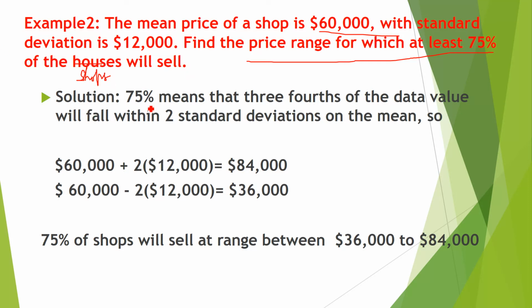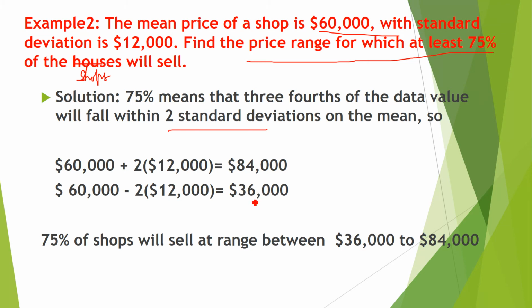So the solution: 75% means that 3/4 of the data values will fall within 2 standard deviations. If it were 88.89%, it would mean you have to take 3 standard deviations. Here it is 75%, so you have to take 2 standard deviations. So mean plus 2 sigma and mean minus 2 sigma.